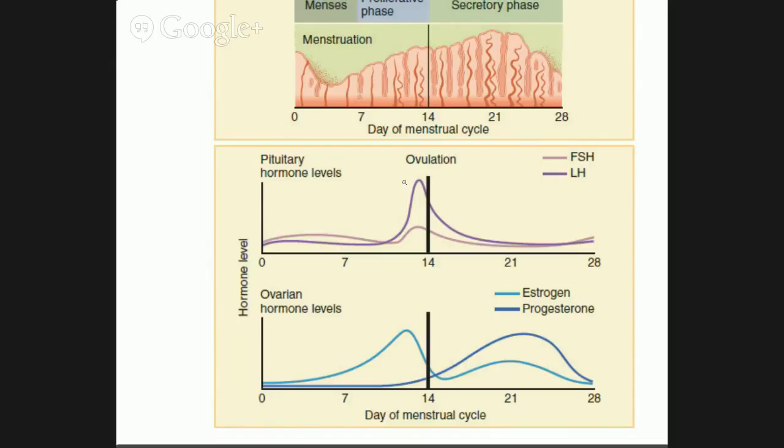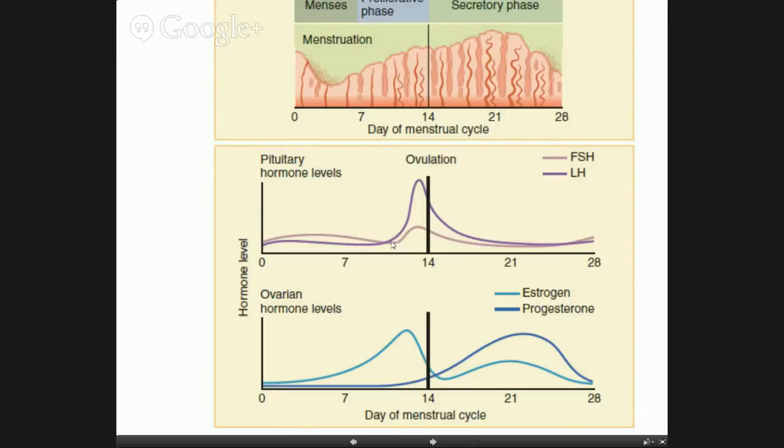Instead of inhibiting the release of LH and FSH, it stimulates that release. So it's been made all along and stored up in the pituitary, and with that peak in estrogen levels, that's what causes the release.